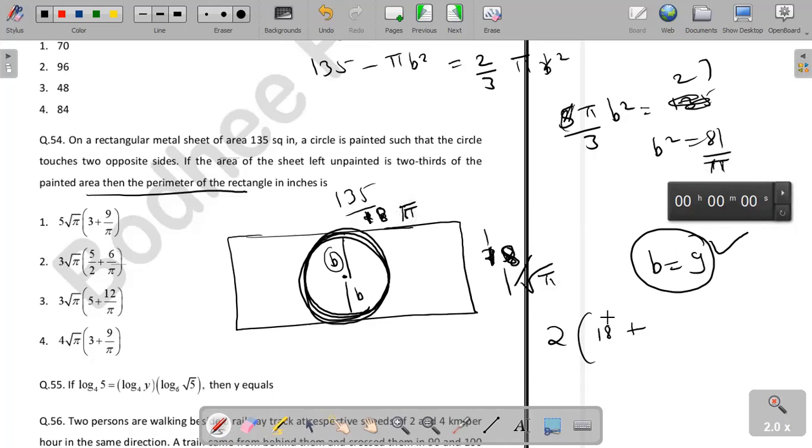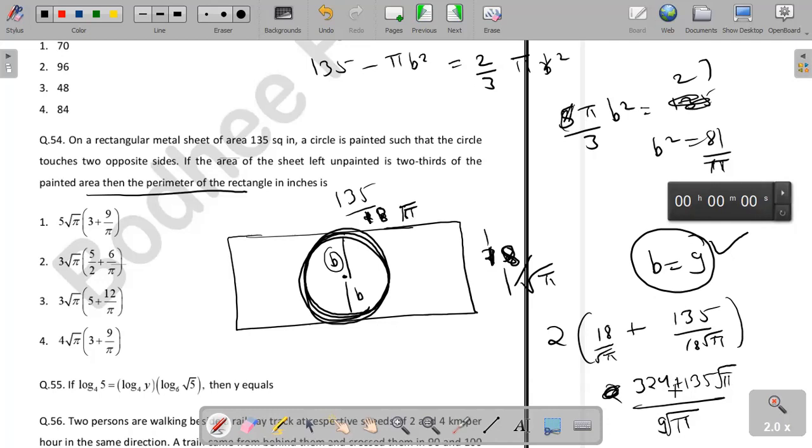Okay, fine. Then root pi plus 135 by 18 root pi. Now I will take 18 root pi as common, so this would cancel, and there would be 9 root pi, and 18, 324 plus 135 root pi. So this should be the answer.